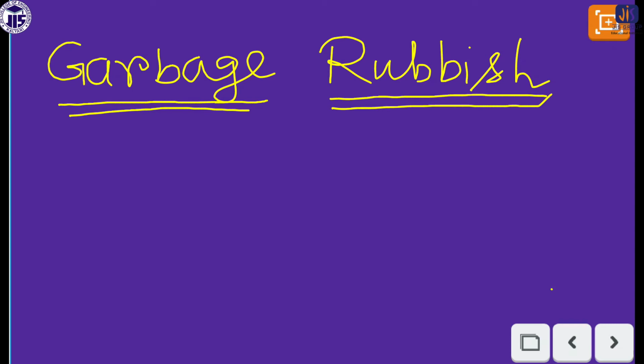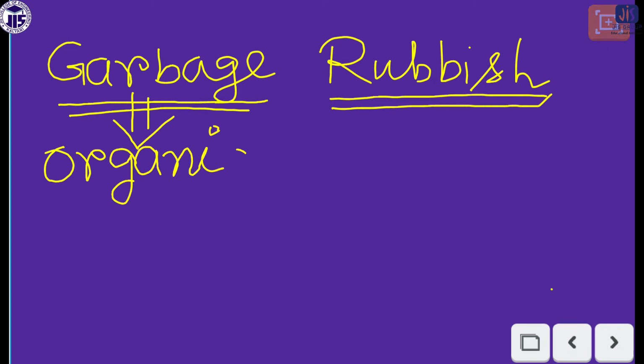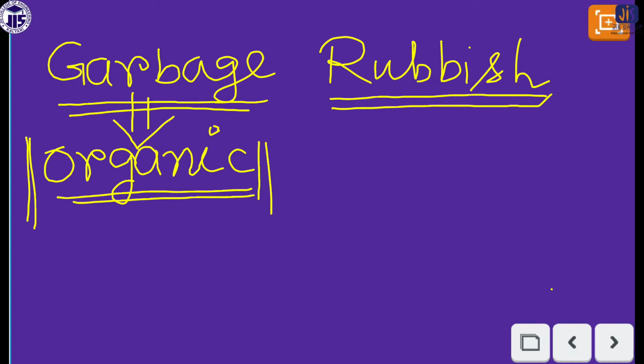So we can take garbage as all kinds of organic materials, or on the other hand, all kinds of biodegradable materials. This may be fruit peels, vegetable peels, and different kinds of organic matter.